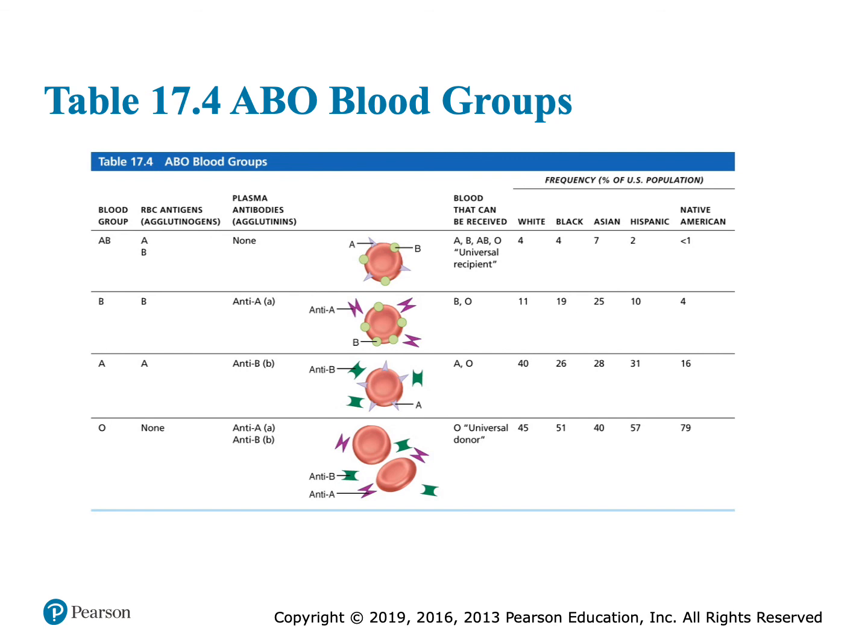So if you are Rh positive, that means that you have the Rh antigen on your red cell. So you don't have any antibodies. But if you're Rh negative, well then, that's a different story.